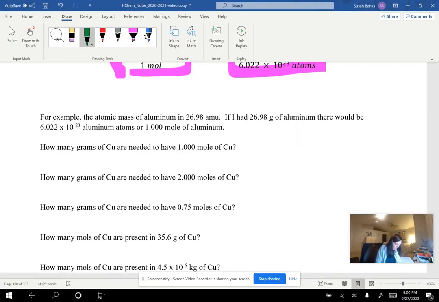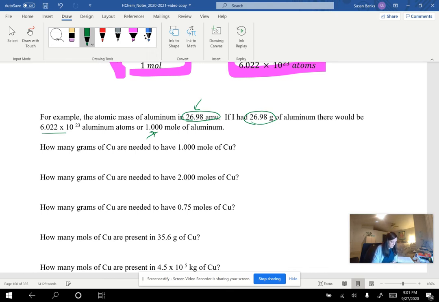So I have 26.98 AMU. So if I get 26.98 grams of aluminum, I would have exactly 6.022 times 10 to the 23 aluminum atoms, or 1 mole of aluminum. Notice I have 4 sig figs here, so that means I need 4 sig figs here.